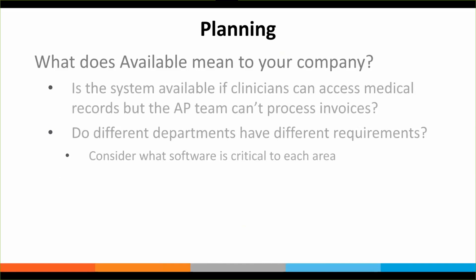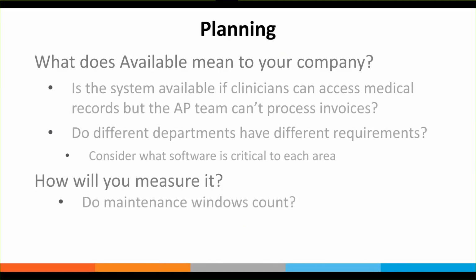And do all of your departments need to be up for your system to be considered available to you? If tech support is down, but sales is not, is your system available? And how do you measure it?